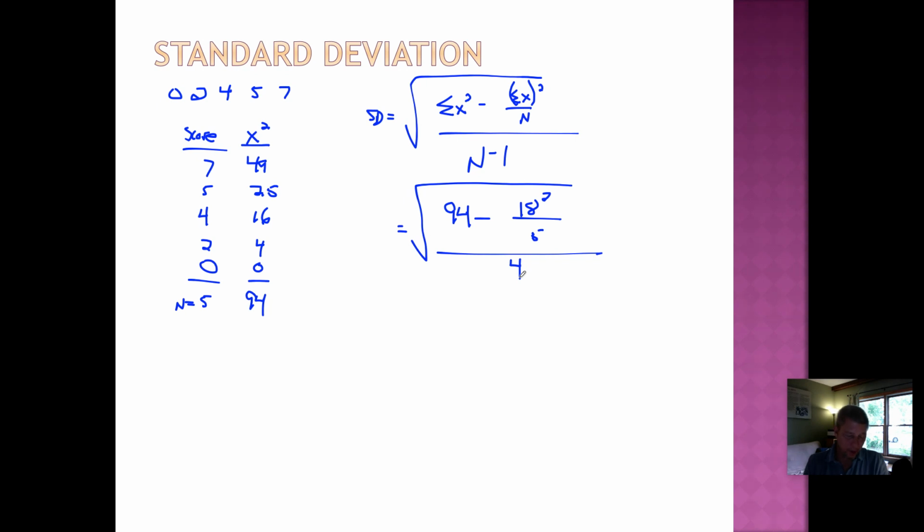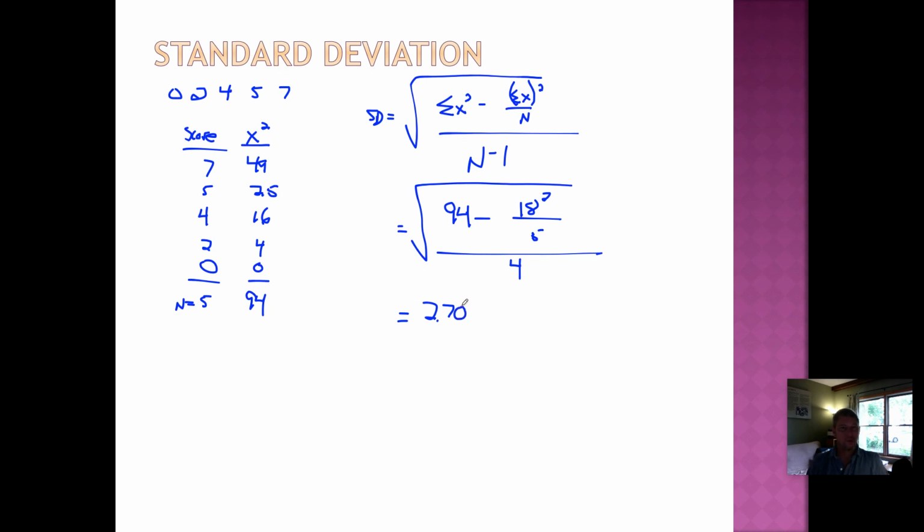And the square root of 7.3 is going to be 2 point something or other. So 2.7. The standard deviation of this data set is 2.70.